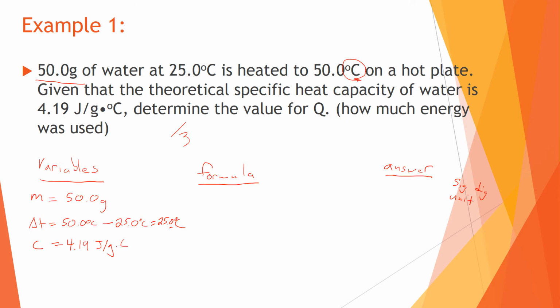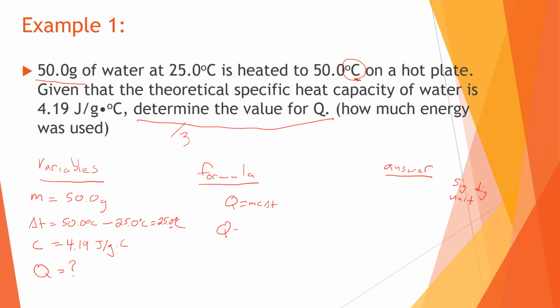And what they're asking for is to determine the value of Q. How much energy went into this water to make it go up 25 degrees. So the base formula is Q is equal to mC delta T.